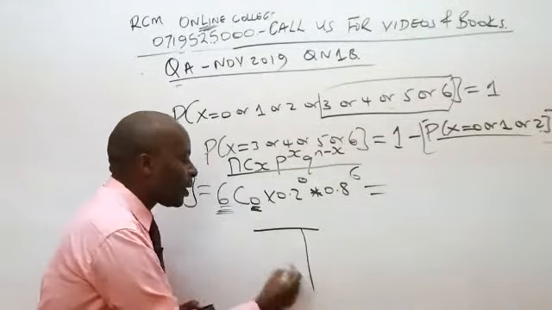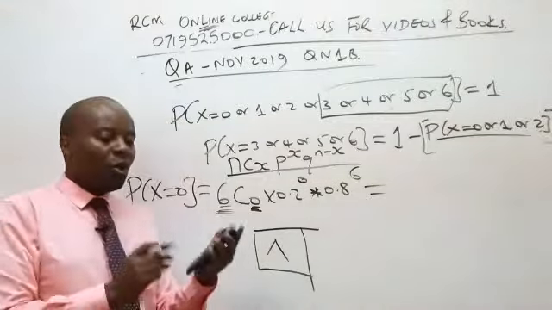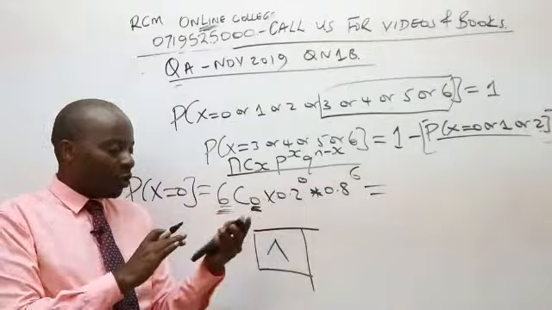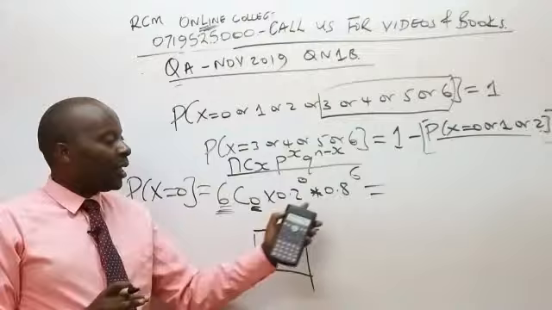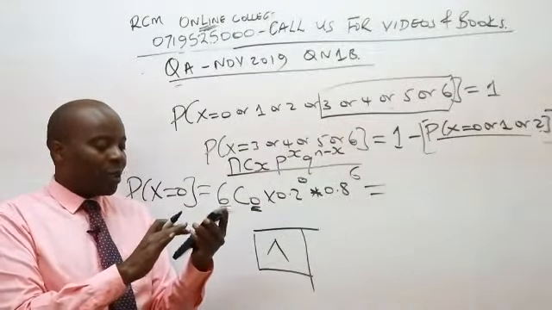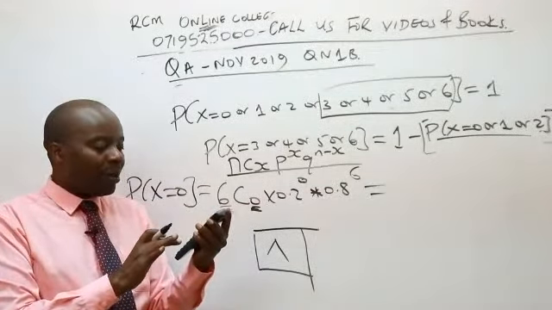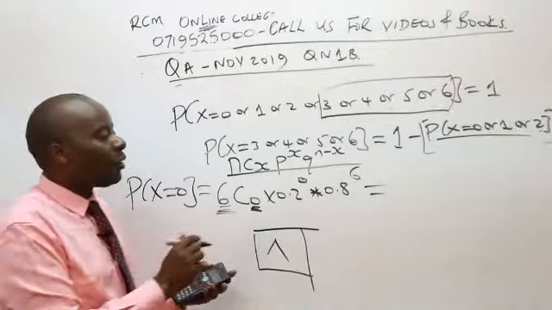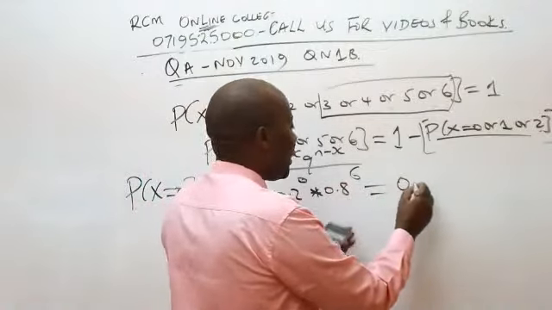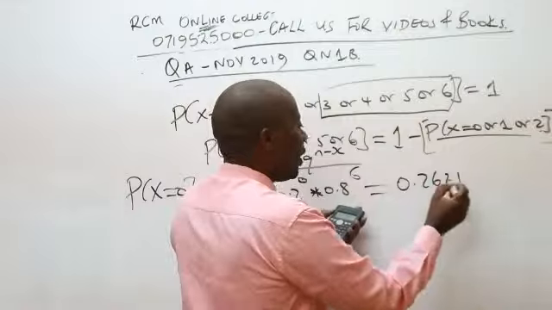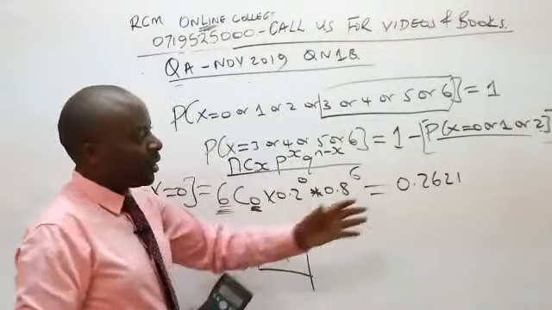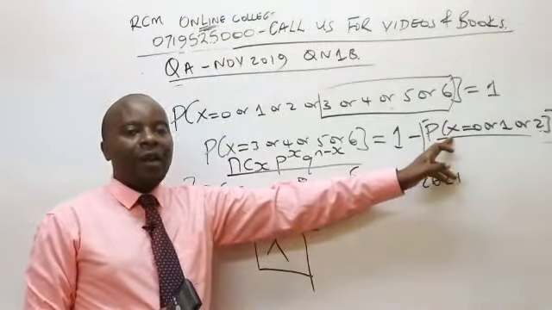In some calculators, raised is like this. So raised to what here? To 0. Then I'll say times again 0.8 raised to power what here? Power 6. So ladies and gentlemen, what figures am I getting here? I'm getting 0.2621. So this is the probability of the first event.